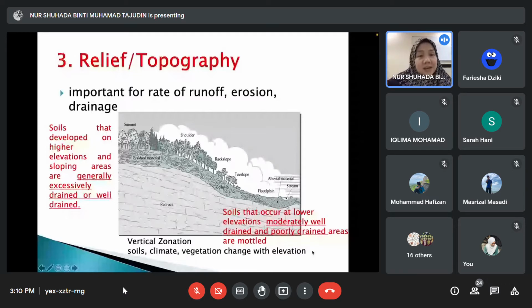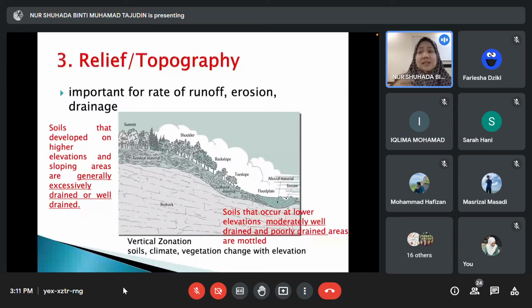Okay, soils that develop on higher elevations, okay, which is here, at the top of the hill, generally excessively drained or well drained. Okay, please remember saya cakap water act as a medium that help the soil to undergo the process of weathering ataupun undergo the process of soil formation. Soil formation ni dia macam weathering process.